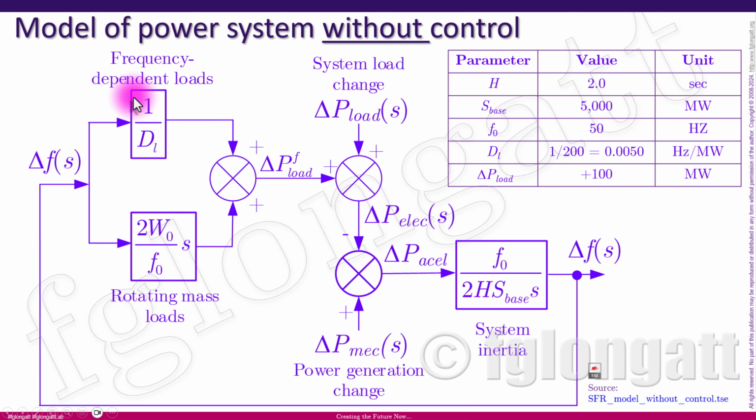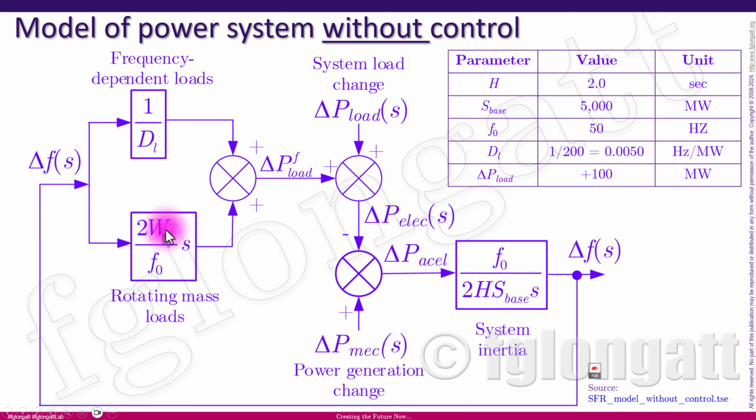But also on the left hand side here we have the frequency dependence of the whole loads. And on the top, you can see this is the frequency dependence for the static loads. We are using this gain over here, the L, to define how the active power changes when there is a frequency deviation. And the L is a constant that is defined in hertz per megawatt in terms of units.